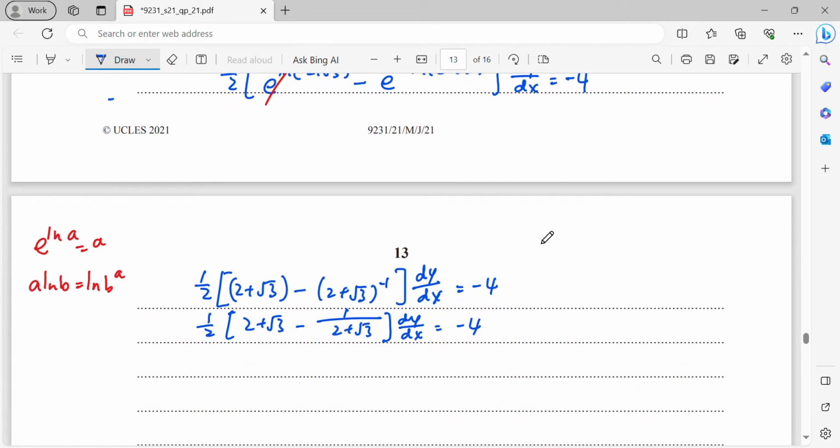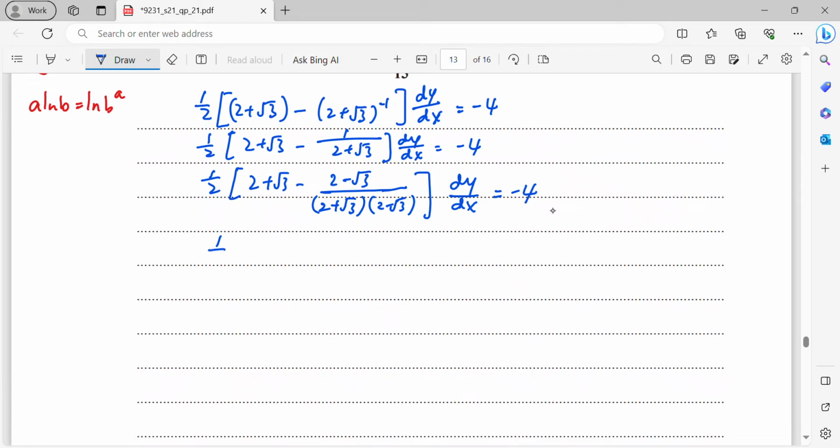So now get the same denominator, or probably you can just multiply by the conjugate, or rationalize the square root. So I multiply by 2 minus square root 3 over 2 plus square root 3 times 2 minus square root 3. Okay, and then now here I will get half of 2 plus square root 3. So use the formula a minus b times a plus b is a squared minus b squared for the denominator.